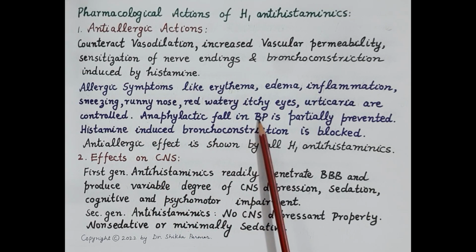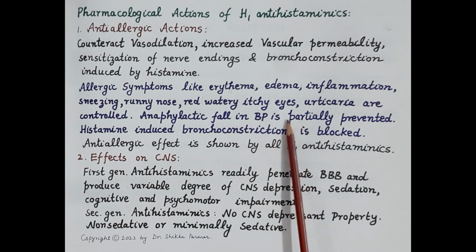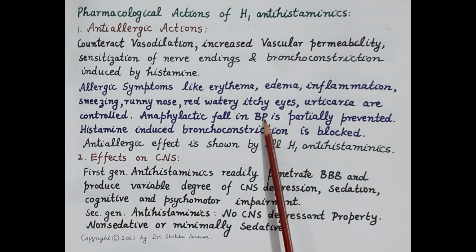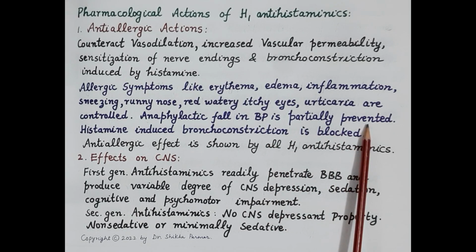Now anaphylactic fall in the blood pressure due to excessive vasodilation is also partially prevented. However, the drug of choice for the management of anaphylactic reaction is adrenaline, because adrenaline is a very potent vasoconstrictor.